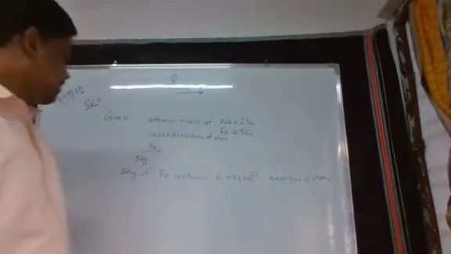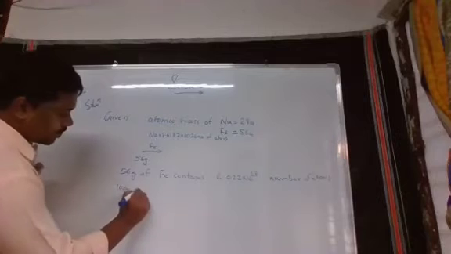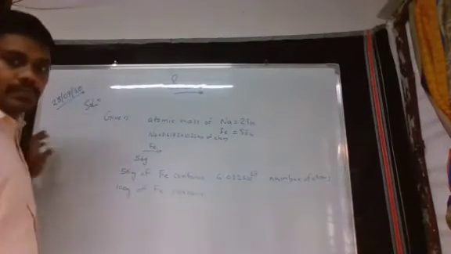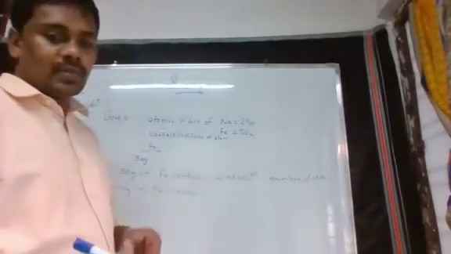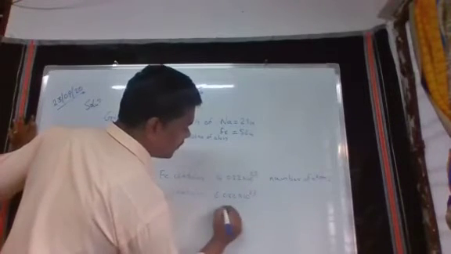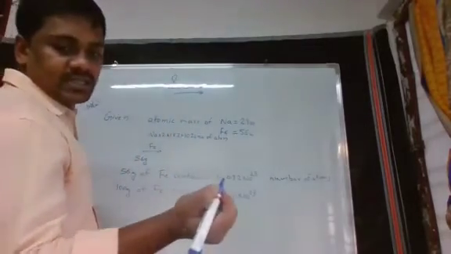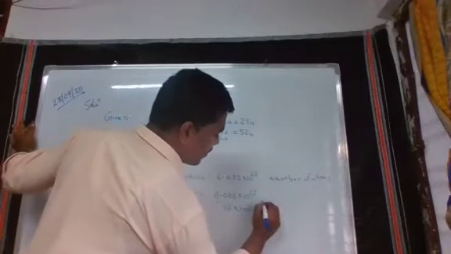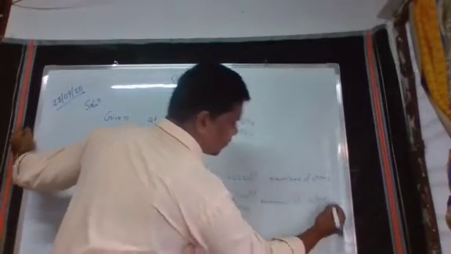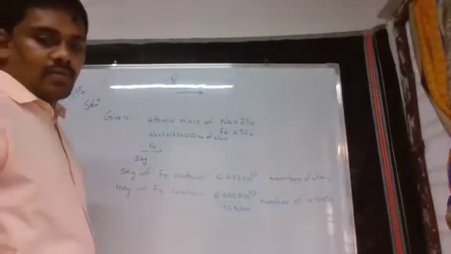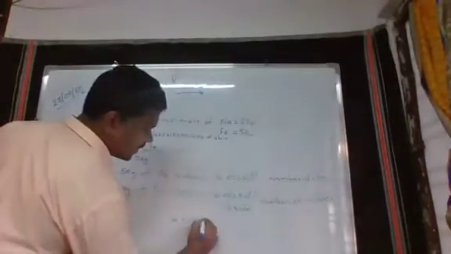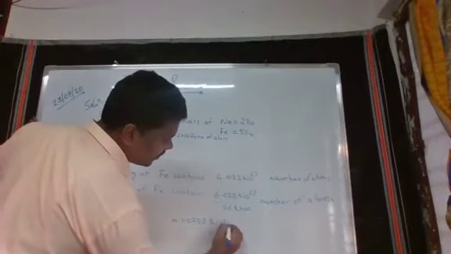Then 100 grams of iron contains 6.022 into 10 raised to 23 into 100 by 56 atoms, which is equal to 1.0753 into 10 raised to 24 atoms.